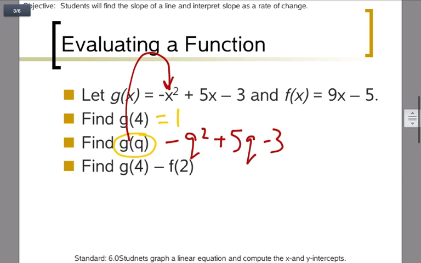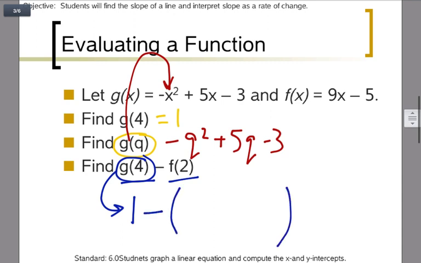And now this next problem says do something with the g and the f equation. So I need to find g of 4. Well, I already did that. The answer was 1. I don't have to do it again if I already know the answer is 1. G of 4 is 1, and then it says subtract f of 2. Well, that means minus parentheses of whatever f of 2 is. So the nice thing here is that I should go over to the f function and figure out what f of 2 is. 9 times 2 minus 5.